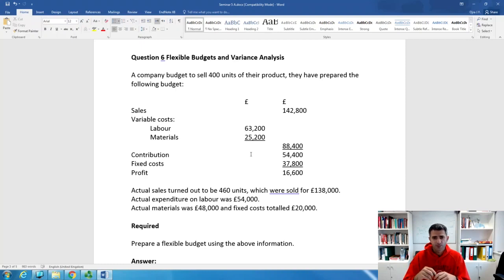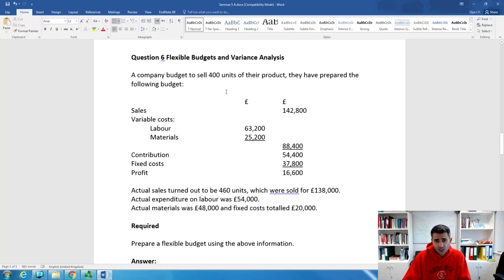If you add the variable costs together, that makes 88,400 pounds. So the contribution equals 54,500, because sales minus the total variable cost, and of course if you take away the fixed cost you should be able to reach the profit of 16,600.